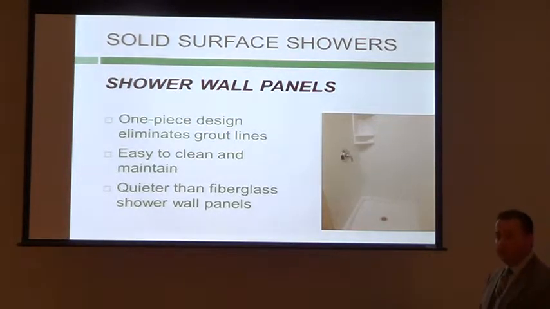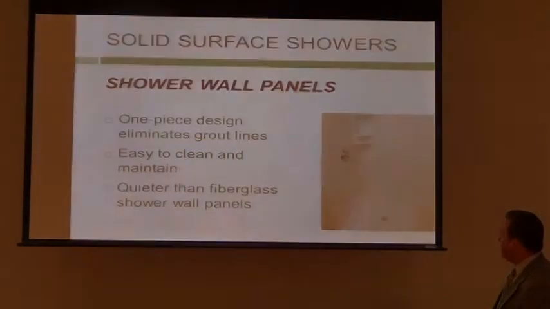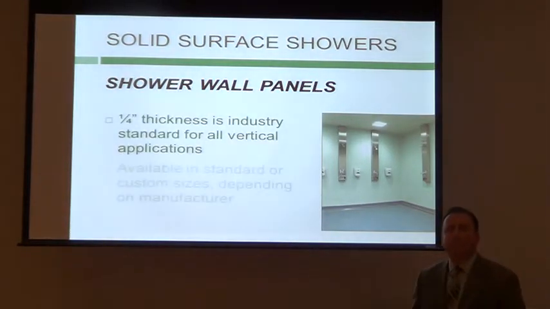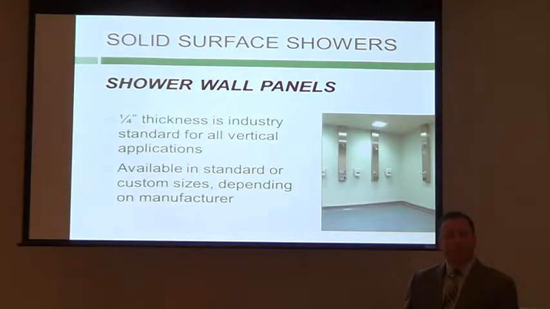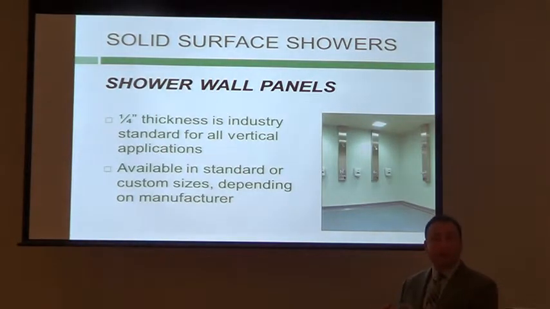This particular product is adhered directly to the substrate with silicone. Now, I'm kind of getting ahead of myself here, but the solid surface shower wall panels are all going to start at a 1/4 inch thickness, and that's primarily to save some cost and to make them less weight. You could go to 1/2 inch thickness. In fact, I would recommend a 1/2 inch thickness in a jail setting or a prison type setting.